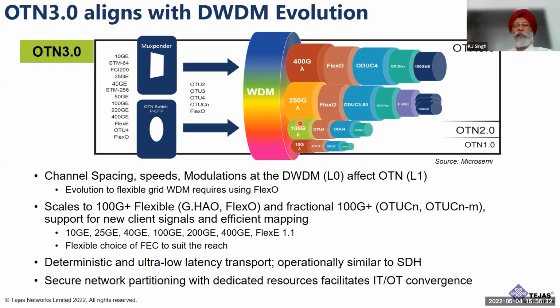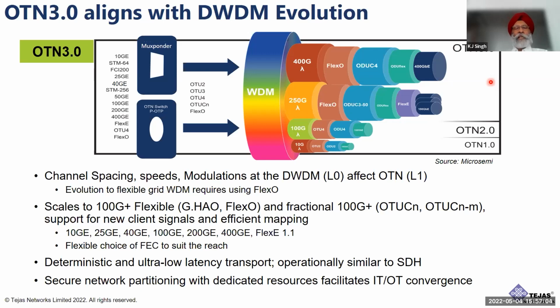OTN1, OTN2 had place for 100 gig, but really today we are talking about flexible OTN because in DWDM, we have started using flexible grids, and the high rate signals can no longer be fit into a 50 gig ITU grid, and we need either multiple grids or we need fractional grids.